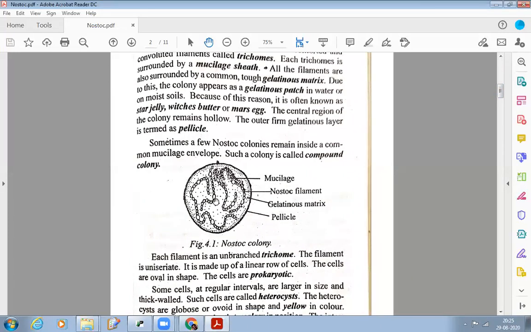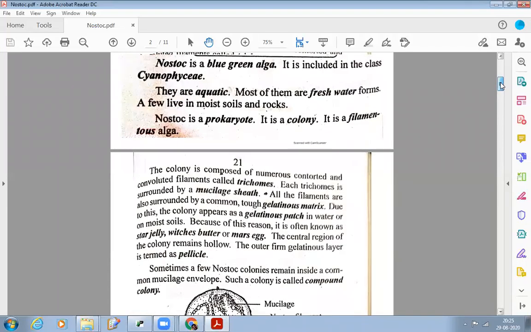They are surrounded by a gelatinous material known as mucilage. Here the colony consists of many Nostoc individuals, surrounded by a gelatinous matrix, and the outermost region of this gelatinous matrix is known as what? The pellicle. Right?